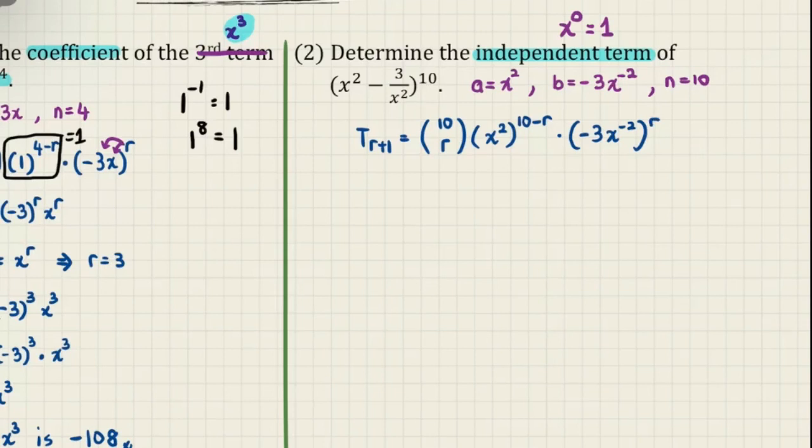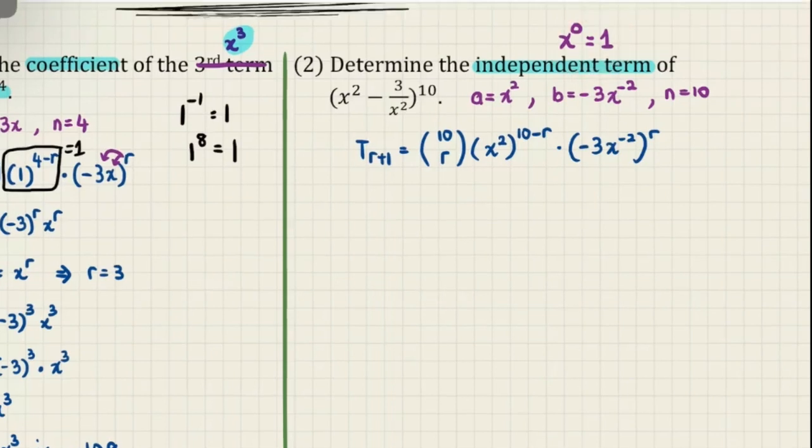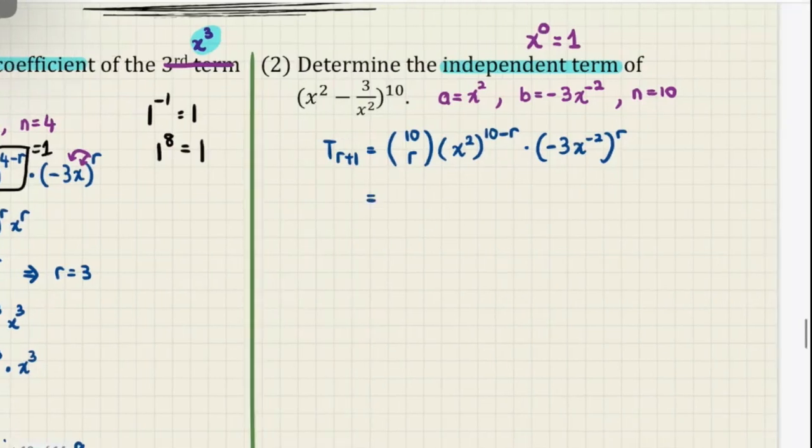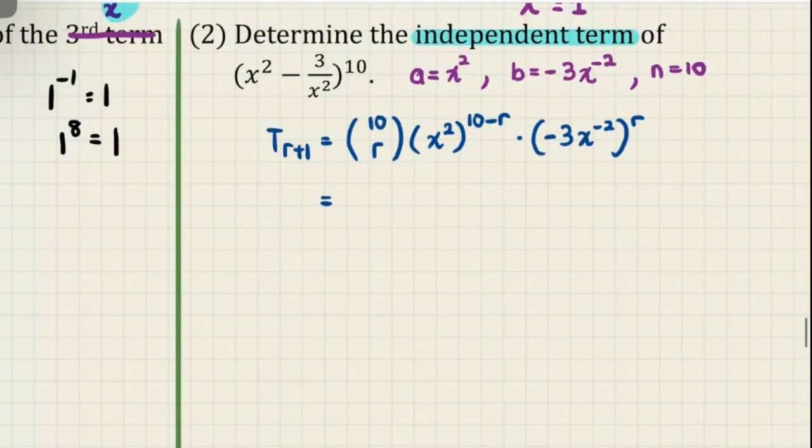Okay, so masukkan dalam formula kita dah dapat satu markah. Jangan terus compare dengan x kuasa kosong. Okay, so jangan terus compare. Sebelum compare kita akan simplifykan dahulu. So 10Cr ini dia akan kekal sebagai 10Cr. Okay, so ini x kuasa 2 kuasa 10 tolak r.